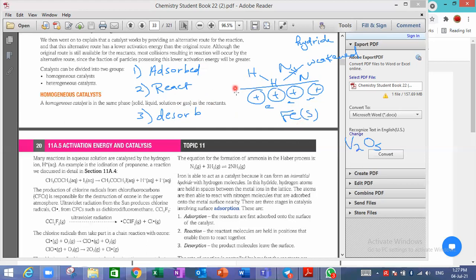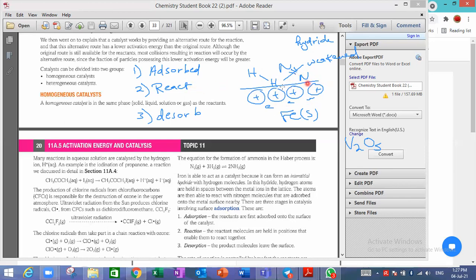Of course, if the surface of the iron is completely filled with hydrogen and nitrogen gases, then no more space is found. So we will find that the rate after some time will not change. The iron at the beginning will increase the rate of the reaction because it weakens the bonds between hydrogen molecules and nitrogen molecules, allowing them to react together.